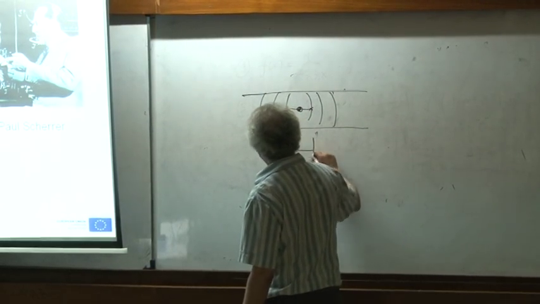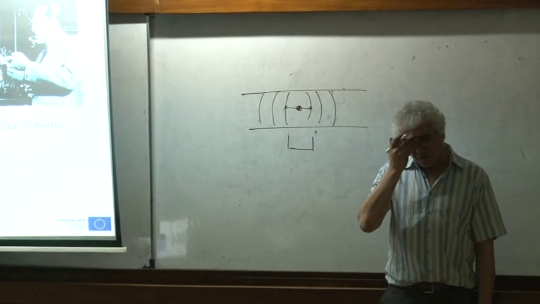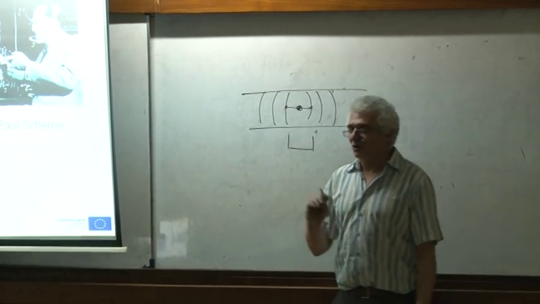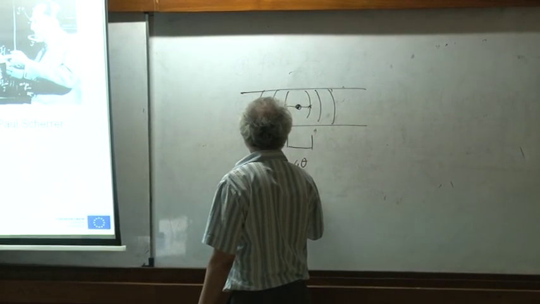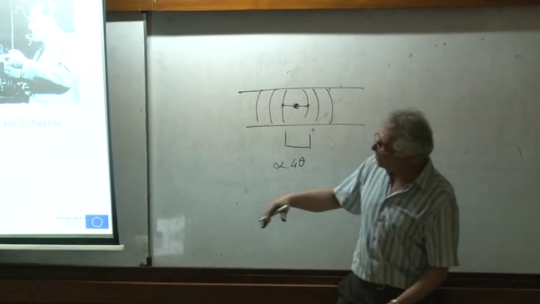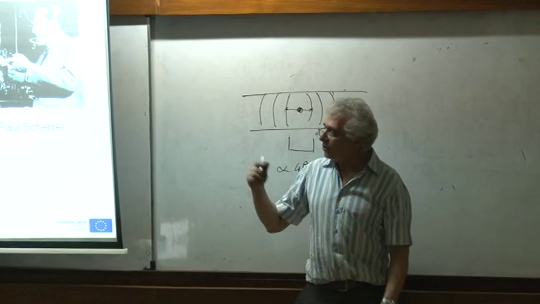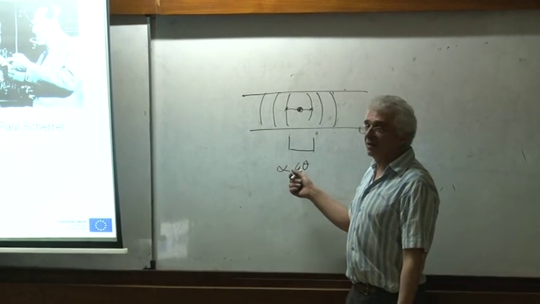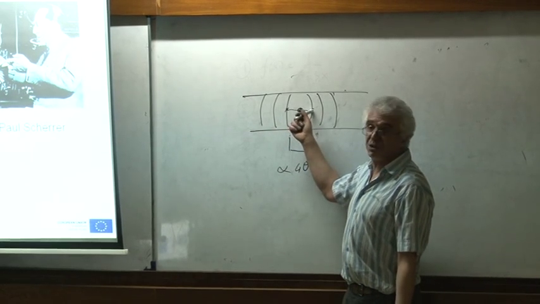That distance is proportional to 4 theta, not 2 theta. So this is proportional to 4 theta. So you take into account the radius of the camera. So knowing the radius of the camera, you can work out the exact value in terms of theta of this particular reflection.